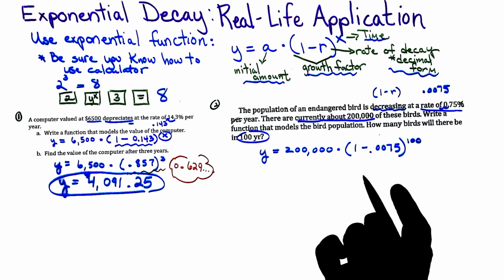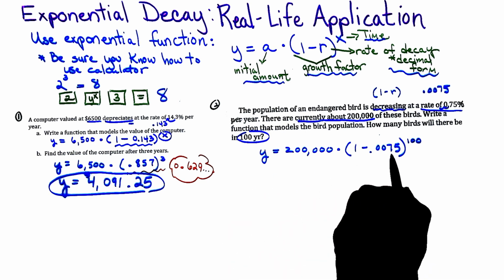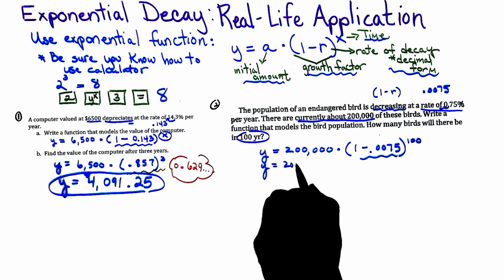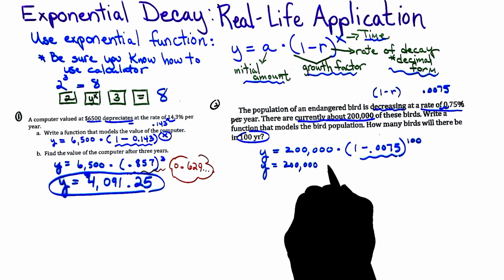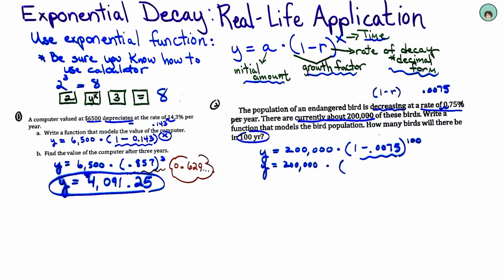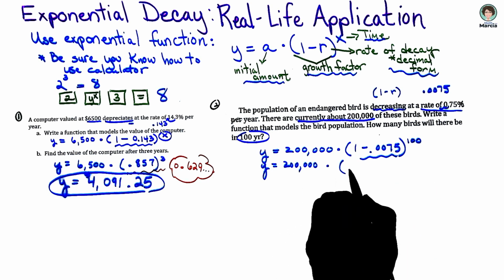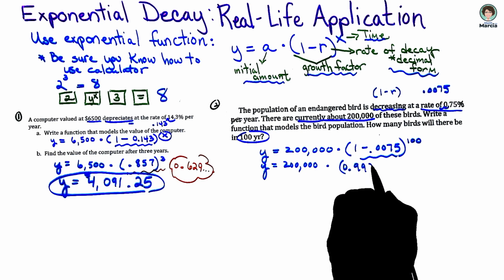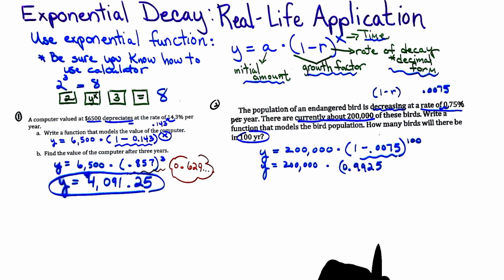So I'm going to rewrite it and I'm going to do this one step. I'm going to simplify it. So y is equal to 200,000 times, and when I do 1 minus 0.0075, I get 0.9925.